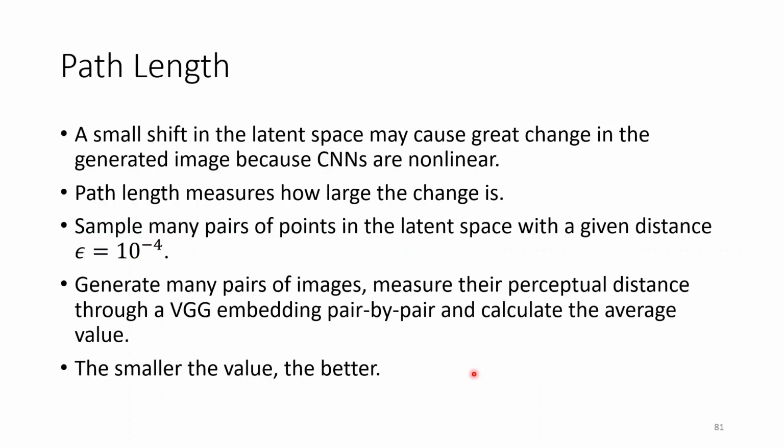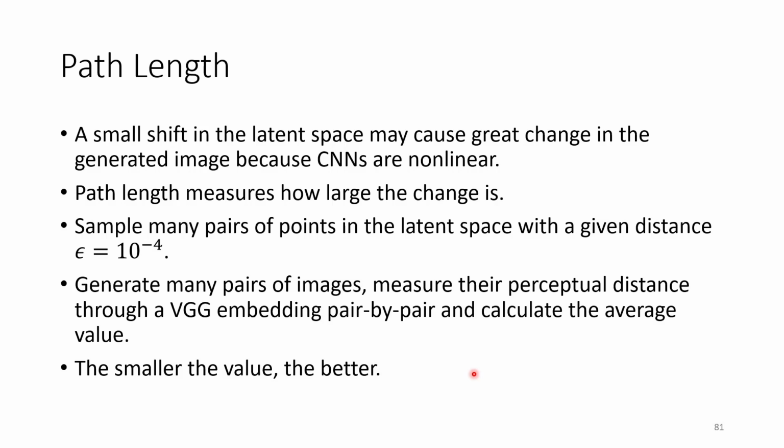Okay, let me explain. At the beginning there is a latent, a random variable in the latent space, right? Because we know the convolutional network is not linear, if we just sample two random variables or latent variables in the latent space, their generated results may differ a lot.